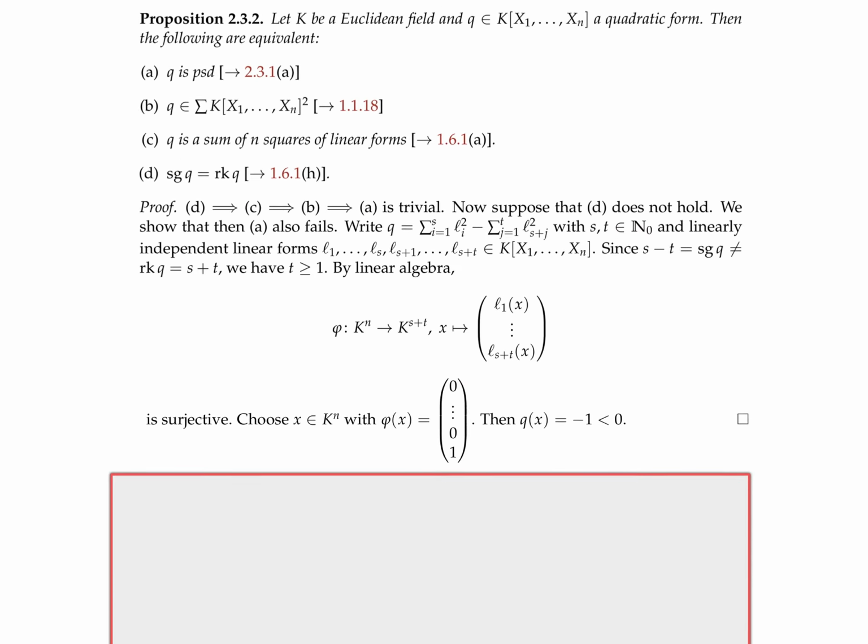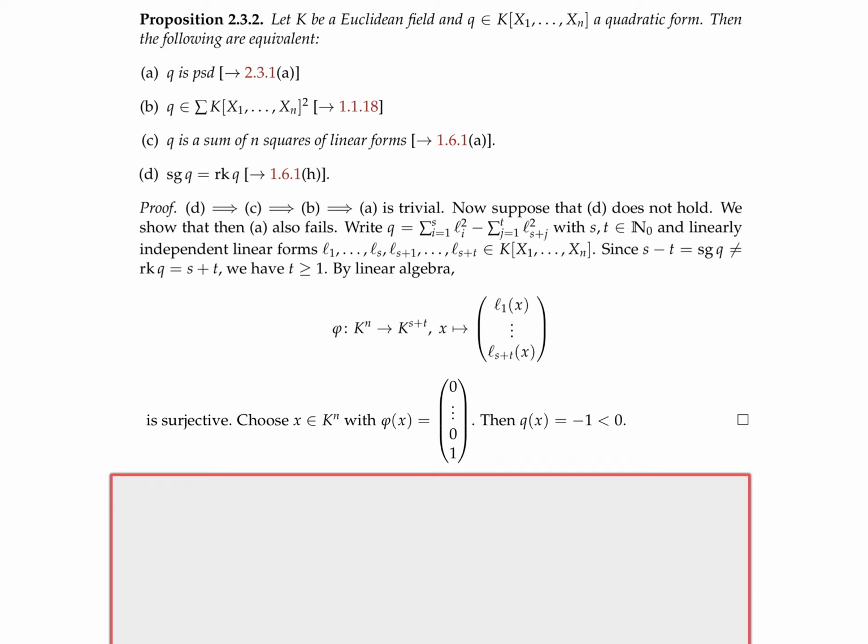Well, you know that all the l_i are linearly independent, right? So look at, for example, the representing matrix of this linear map.